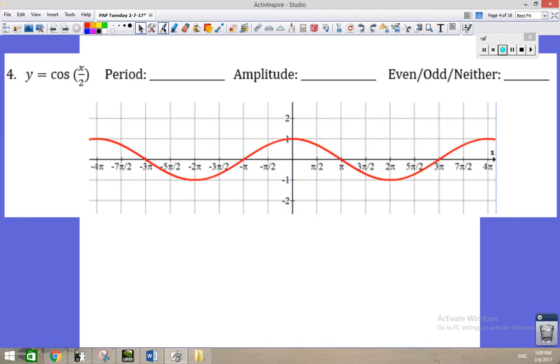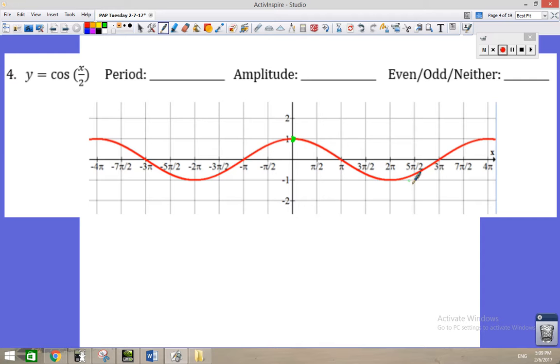The period, we'll soon realize that just like our horizontal stretches and compressions in a previous skill packet, this 1/2 is bizarre. It's actually a horizontal stretch by a factor of 2. And let's find this cosine. Let's start here with an x-coordinate of 0, because we're at point 0, 1, and we're going to go all the way here.